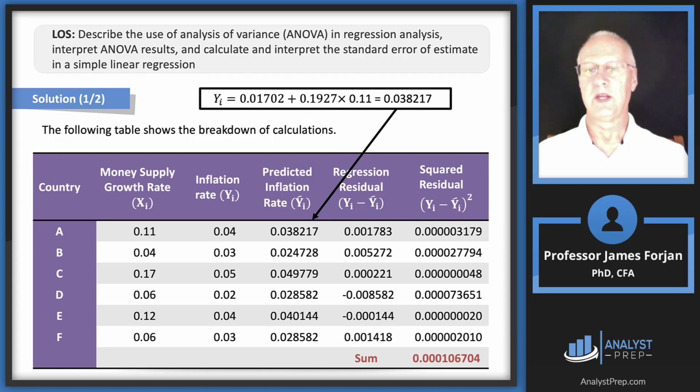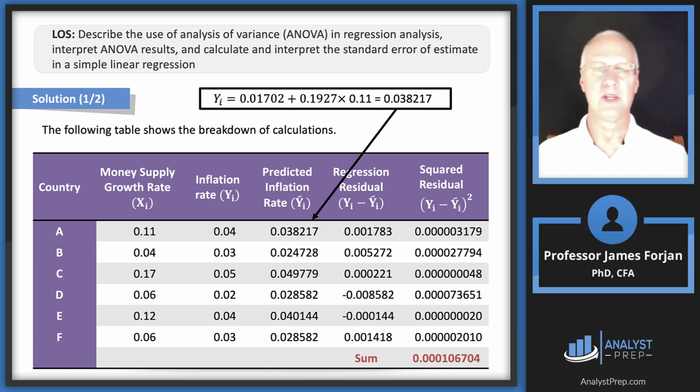And then what we need to do is we need to go ahead and compute the regression residual. So we're going to take yi, so there's the 0.04, and we're going to subtract the 0.38217. So that gives us our next column of 1783. And then we square those residuals and we get the 3179. So feel free to pause the recording and go ahead and do all this yourself.